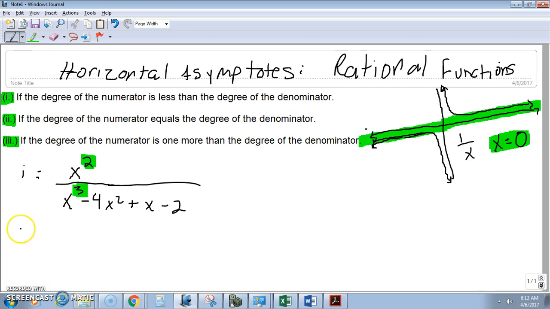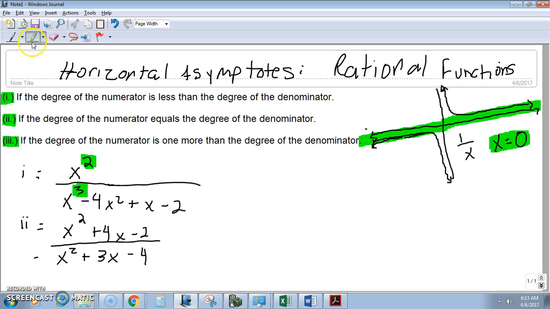Okay, the second one, the degree on the numerator equals the degree on the denominator. Could be x squared plus 4x minus 2 over x squared plus 3x minus 4. Okay, and there our degrees are the same.